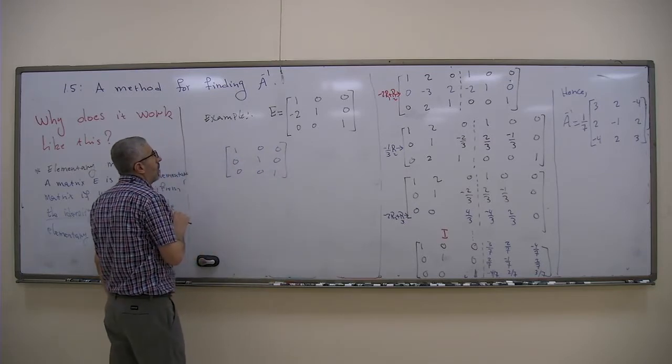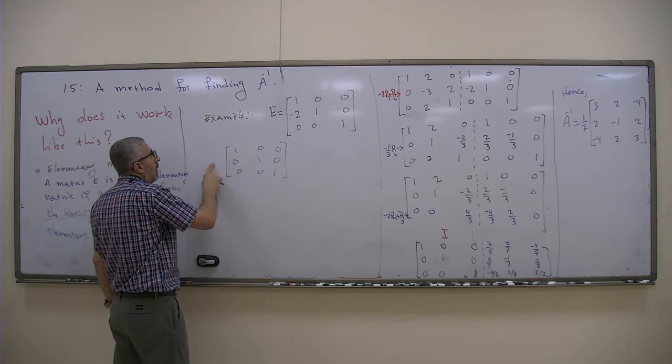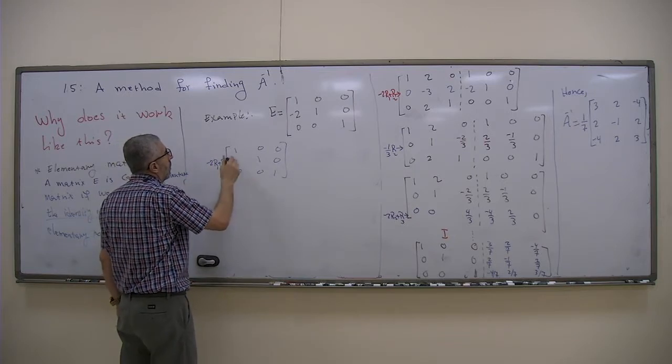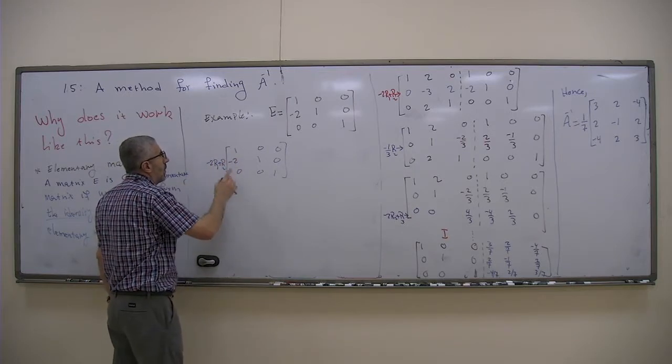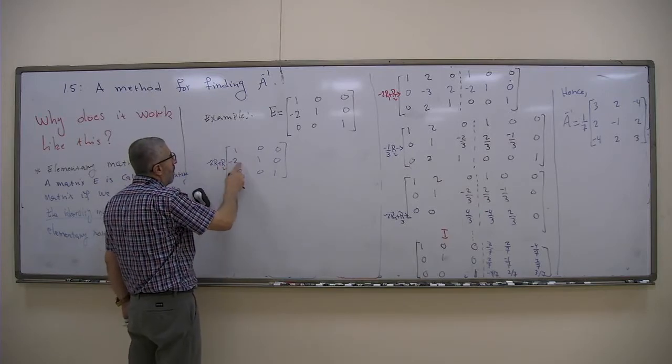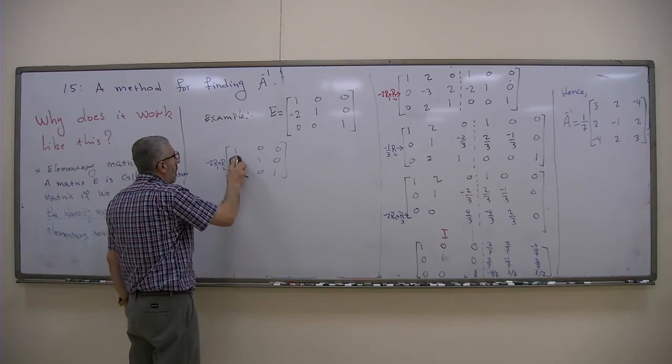If you do negative 2R1 and you add that to R2, you are going to get here negative 2. So you get this from the identity. Why don't I do it in 2 steps?